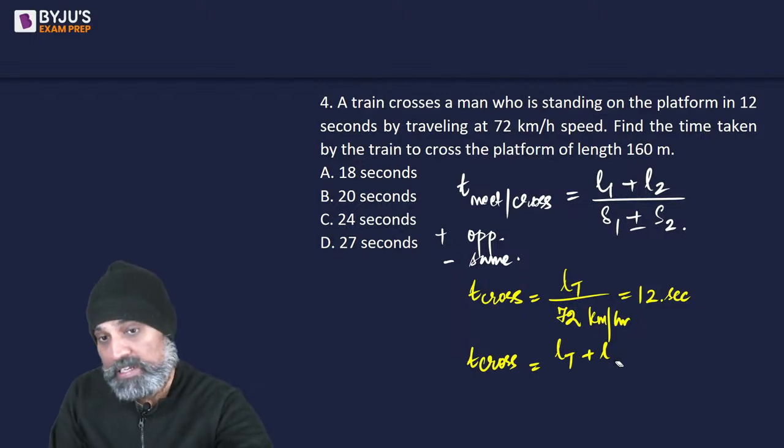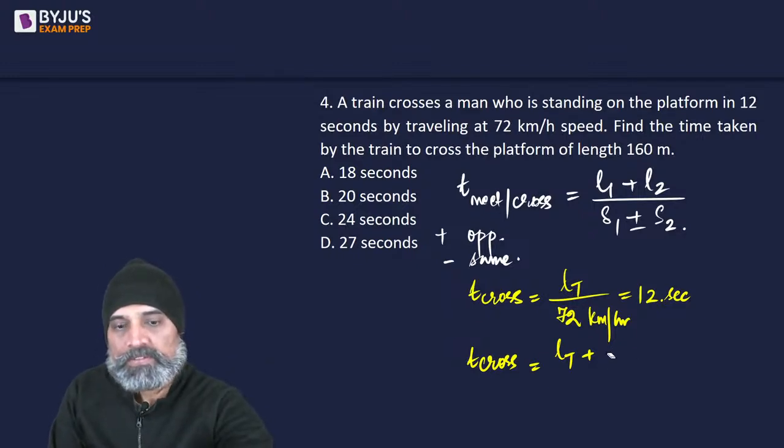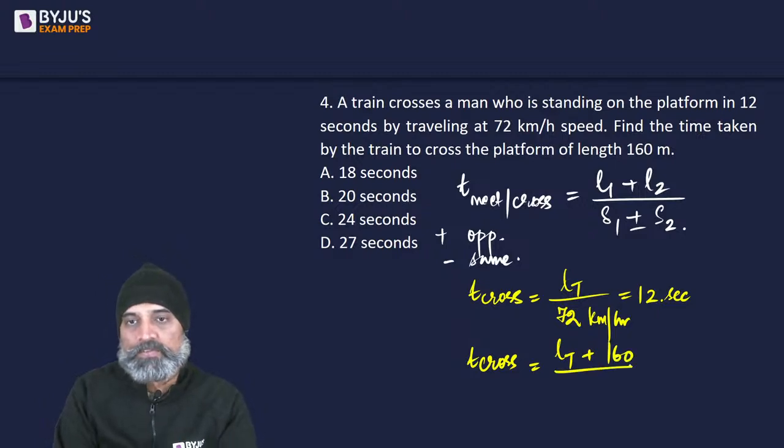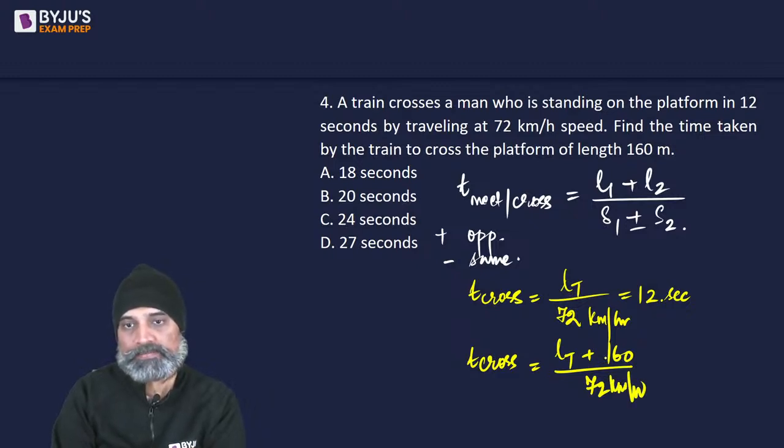Because now platform has length, which is given as 160 meters, while train has a speed, but platform doesn't have, right? And this is something that we need to find out.